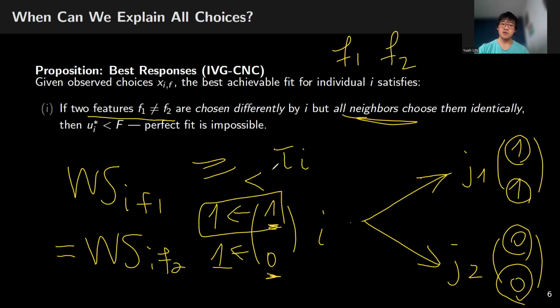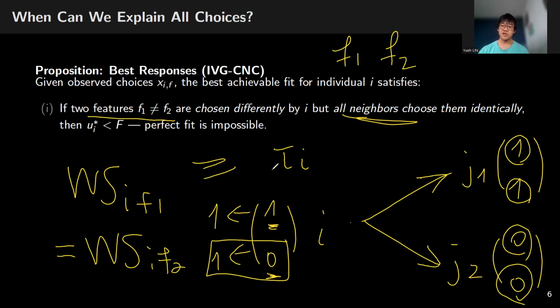So in the first case, let's say the weighted sum is greater than the threshold, then the suggested vote for the second feature will not be perfect, because I is choosing 0 but the neighborhood suggests 1. So in this case, you don't get a perfect social welfare solution.